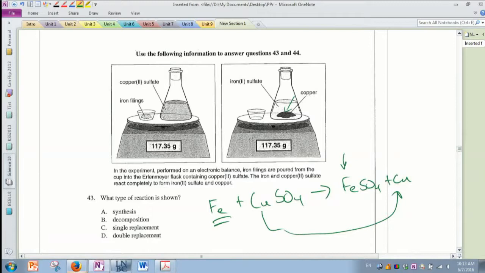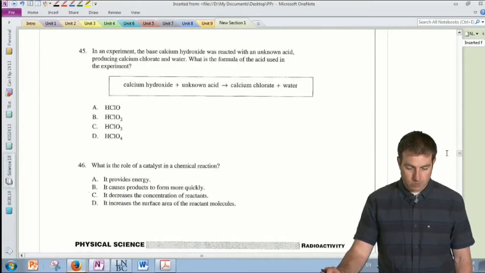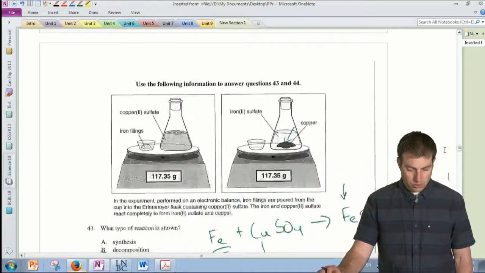So single replacement type reaction. Just a different way, showing you a picture instead of saying, hey, this happens. There'll always be at least one question like that on there. Law of conservation of mass, acid and neutralization. Number 45 was a tricky question. Number 42.